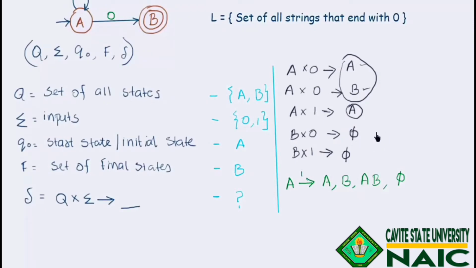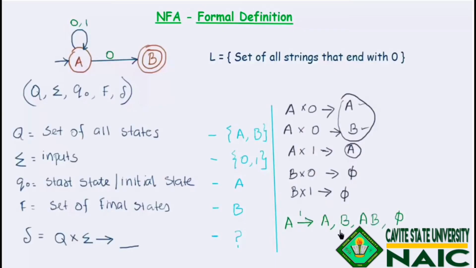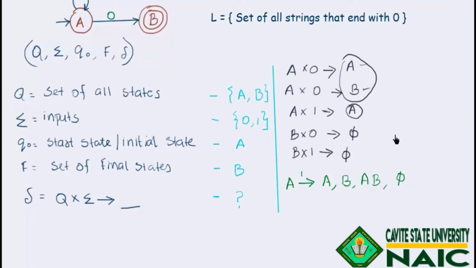Now let's take another example. Suppose we have three states, A, B, and C. Now, in this example, suppose in state A, we get a particular input. So what are the possibilities?